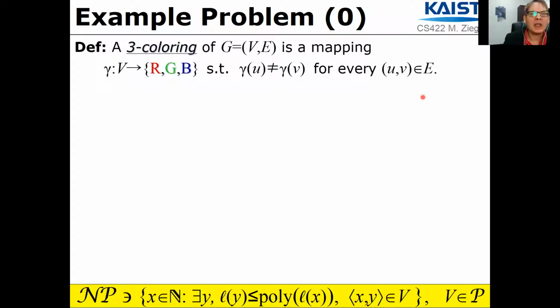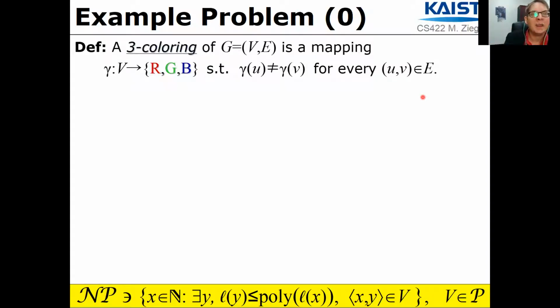Let me say that again. A coloring assigns a color to every single vertex. In this case, we're interested in 3 colors. So it assigns one of the 3 colors, red, green, blue, to every single vertex.